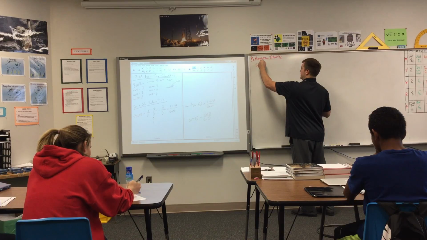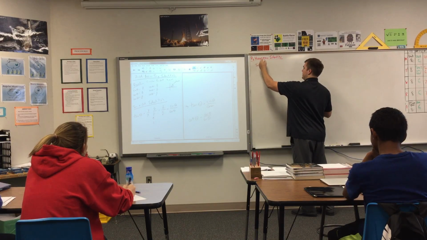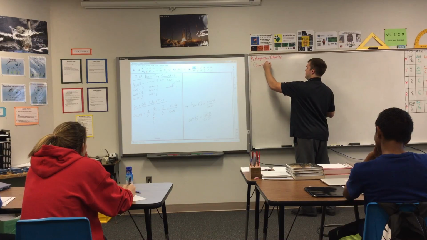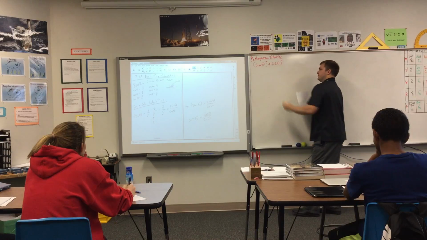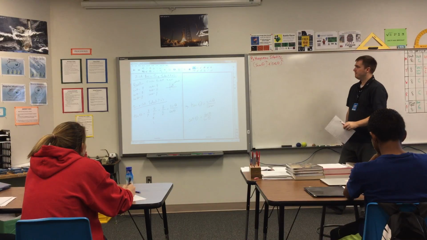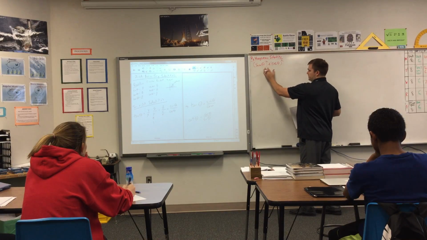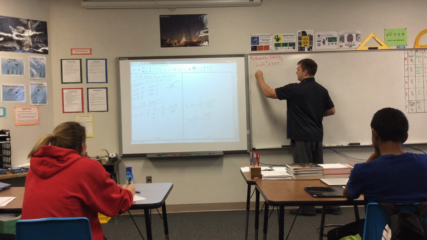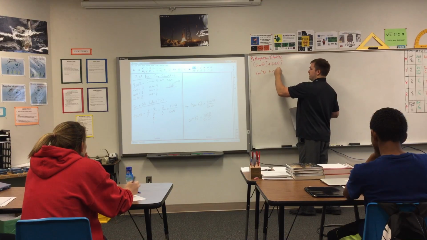So sine squared, actually, I'll show you something. Sine of theta squared plus cosine of theta squared. So the whole thing squared. Mathematicians, we really don't like to write those parentheses if we can avoid it. So we're going to write that as sine squared theta plus cosine squared theta.